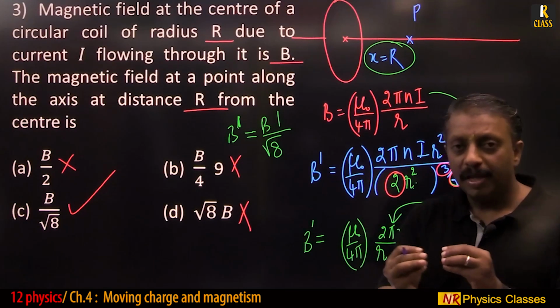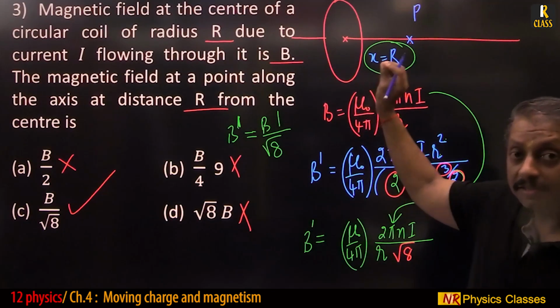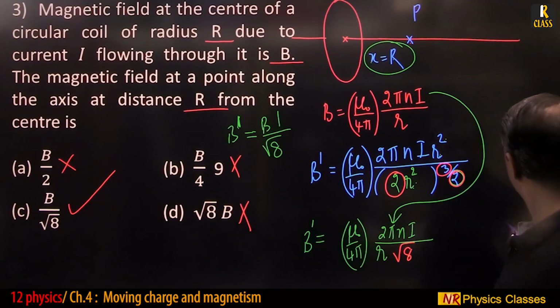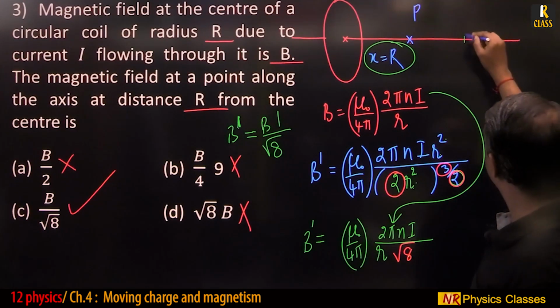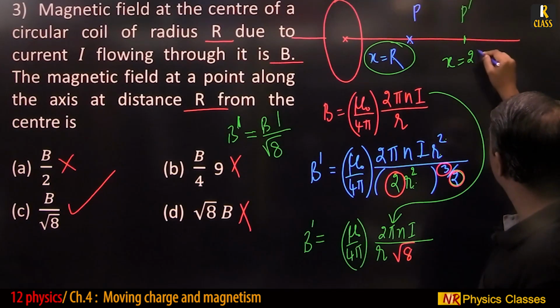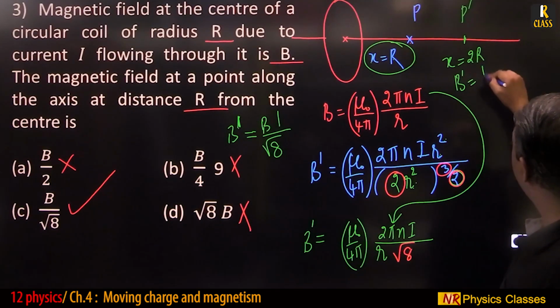So just play a little bit with the equation with different cases. X equal to R, it is B by root 8. If this is another point P dash where x equal to 2r, then this magnetic field is B by 5 root 5.